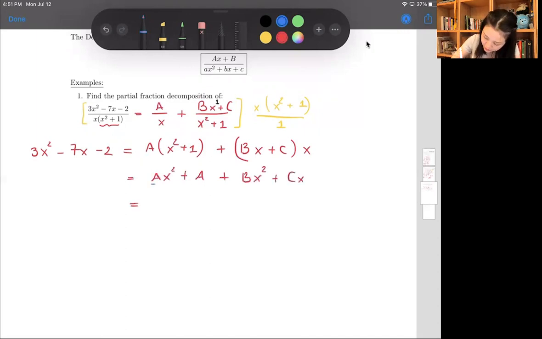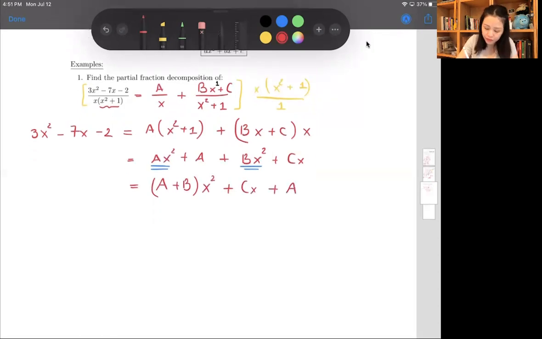Combine like terms and factor the common factor. So I have (A plus B) times x squared, plus Cx, the x term, plus a constant, which is A. And the left-hand side is 3x squared minus 7x minus 2.